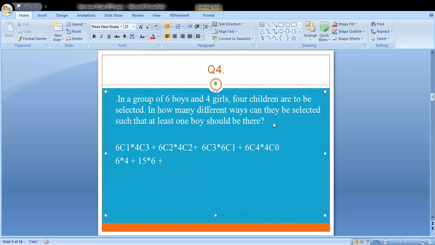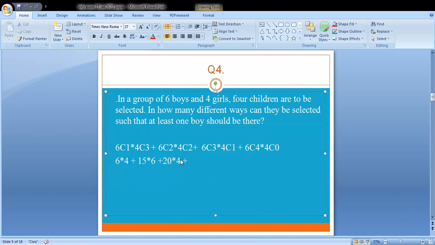Or 6C3, that is 6 into 5 into 4 by 1 into 2 into 3, that is 20. Now here, it is not 6C1, it is 4C1, that is into 4.